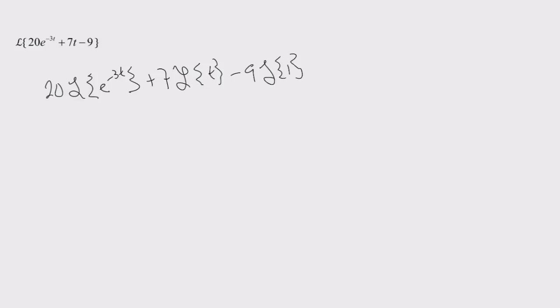Okay, so if we go back to our chart and look at what to do in those different cases, that should give us 20 over s plus 3 plus 7 over s squared minus 9 over s.